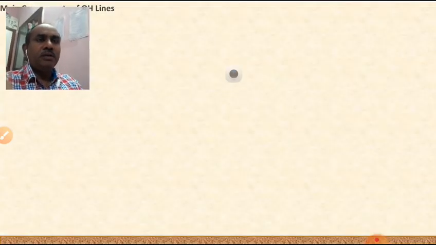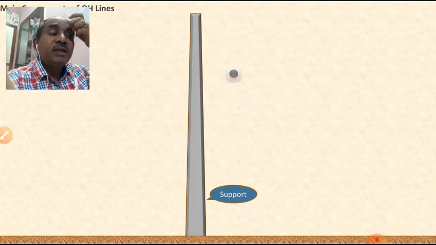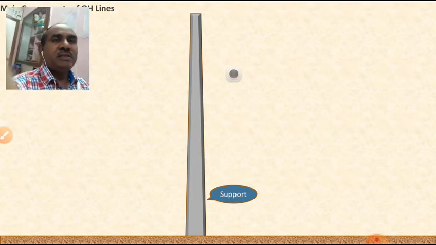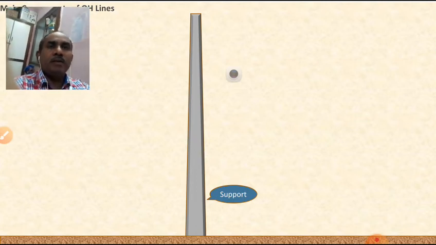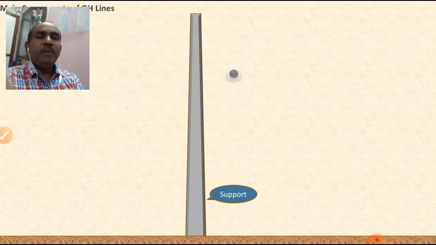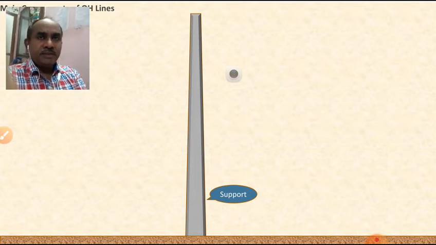So here once again you can observe what this one is. This is a PSCC pole, pre-stressed cement concrete pole. It may be 8 meters for LT lines, 9.1 meter for 11 kV lines.